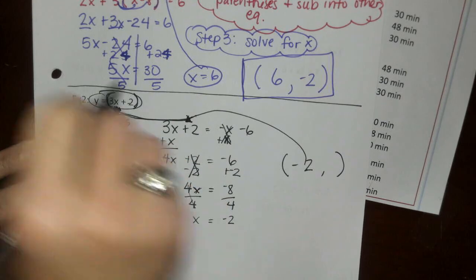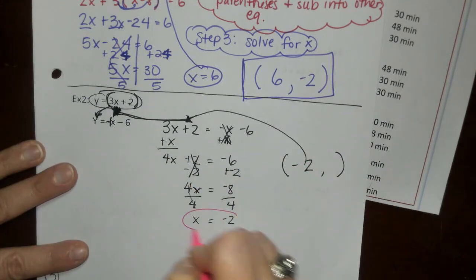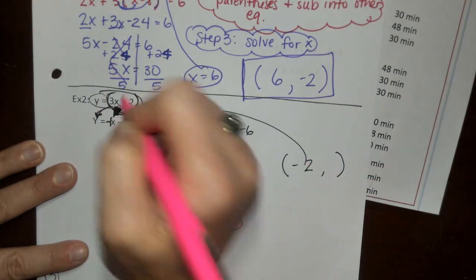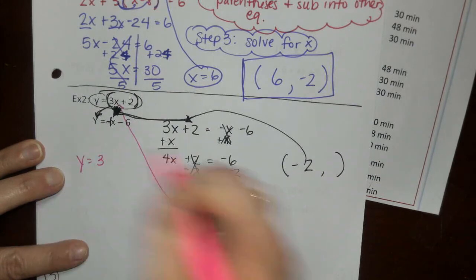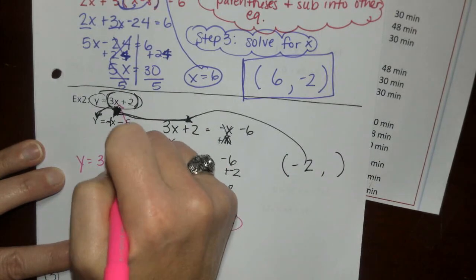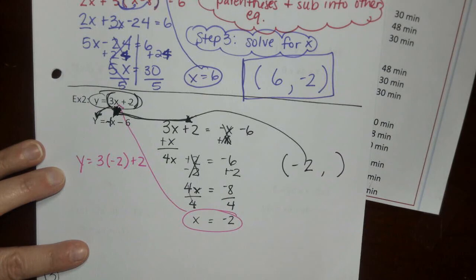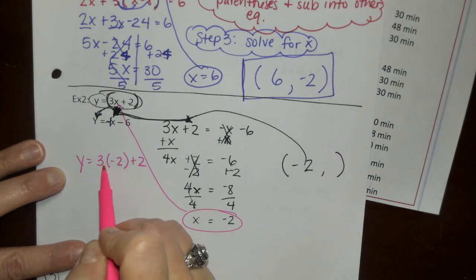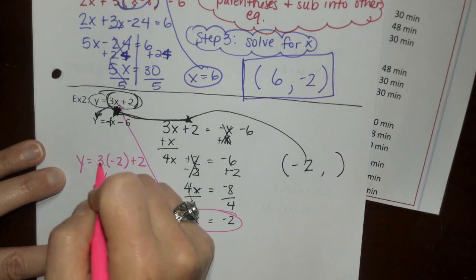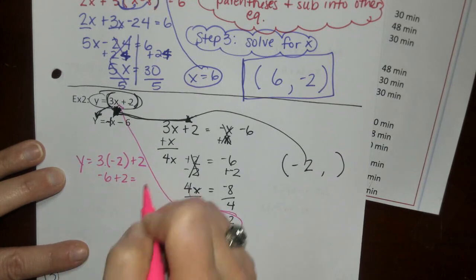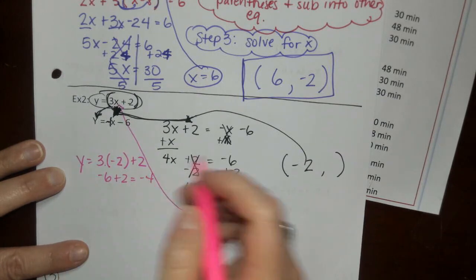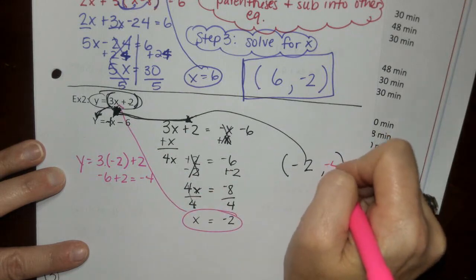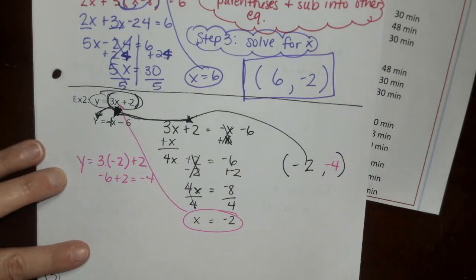So now we're going to put that in for x. So y equals 3 times -2 plus 2. And that's going to give us what our y is. 3 times -2 is -6. Plus 2 is -4. So -4 is your y, and that's your answer.